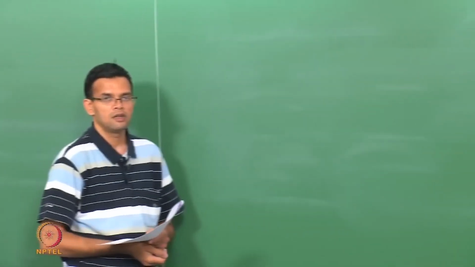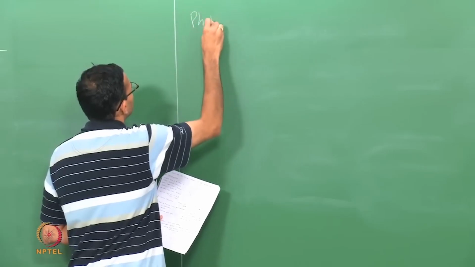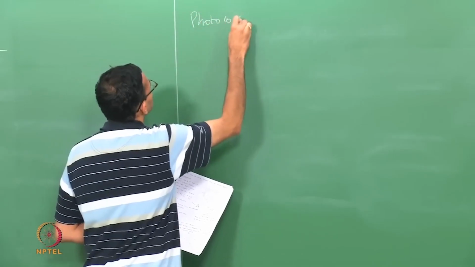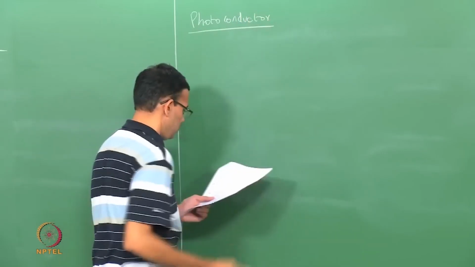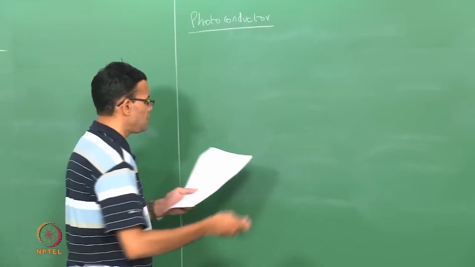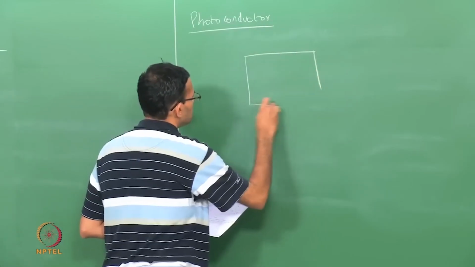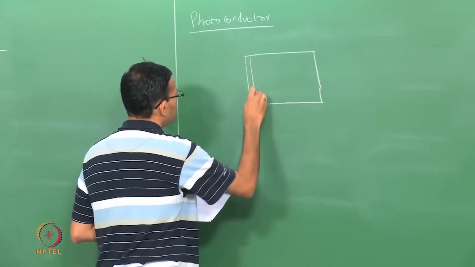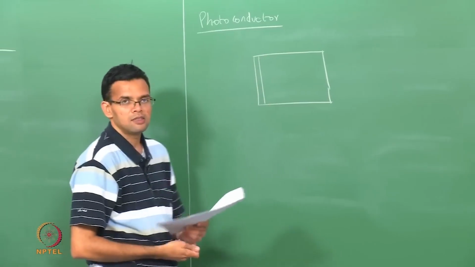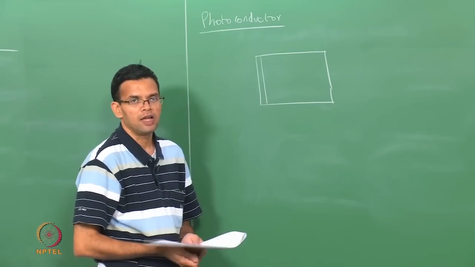Consider a simple slab of silicon with two electrodes on either end. These can typically be metals, and they form an ohmic contact with silicon.